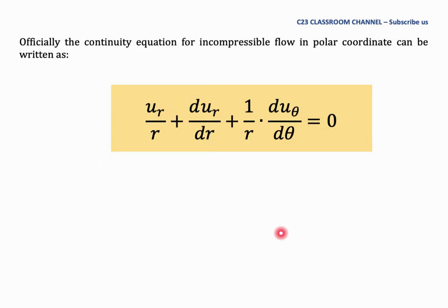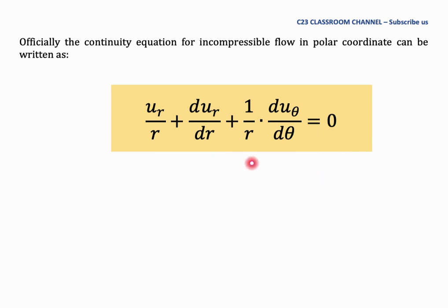Then, because the partial derivative can be changed into the normal differential, officially in this topic the continuity equation for incompressible flow in polar coordinates can be written as: u_r over r plus du_r over dr plus 1 over r du_theta over d theta equal to 0.